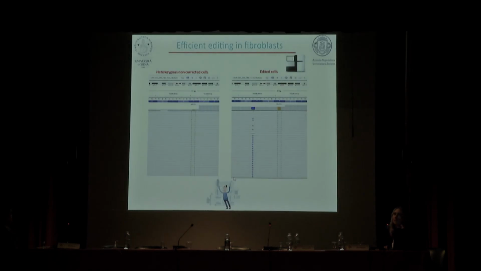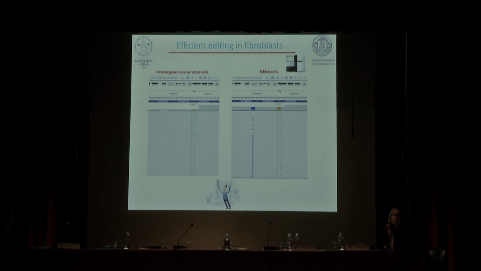Using next-generation sequencing, we are able to evaluate the correction. And here, in the left panel, you can see the heterozygous non-corrected cells in which you can see the mutated allele, and in the right panel you can see the edited cells in which the mutated allele is reduced, so the majority of reads are corrected.